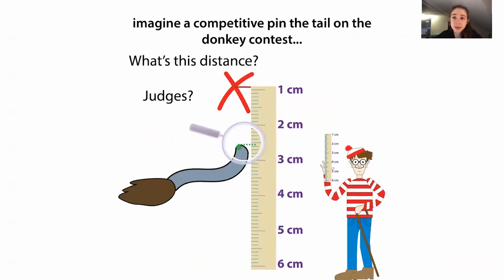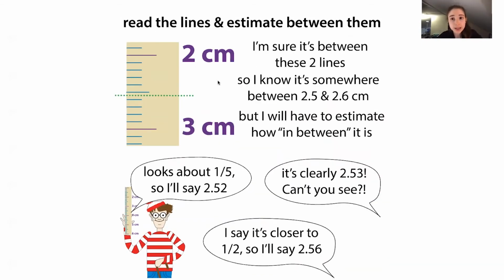So say you have a really competitive pin the tail on the donkey contest, and you're asking judges to measure how close the donkey's tail is to the actual thing. So you're going to read the lines and estimate between them. You can basically say, okay, I'm sure it's between these two lines, so I know it's somewhere between 2.5 and 2.6 centimeters, but I'm going to have to estimate how in between it is.